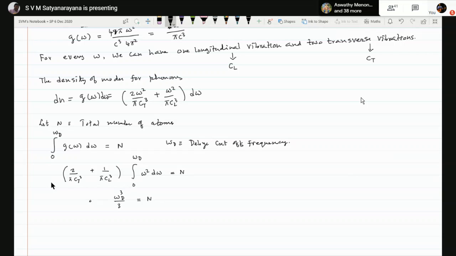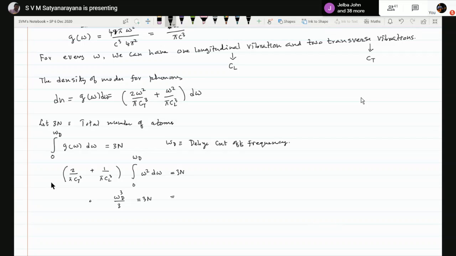Correct. Now this is in 3 dimensions, so we should write this as 3N, because that is what we used earlier, 3N ħω. So this is 3N.